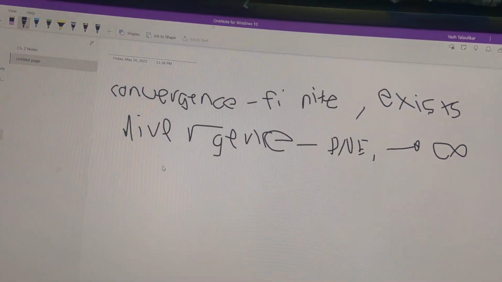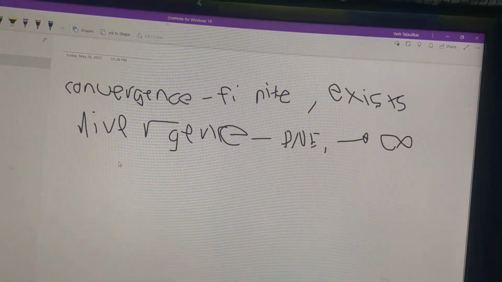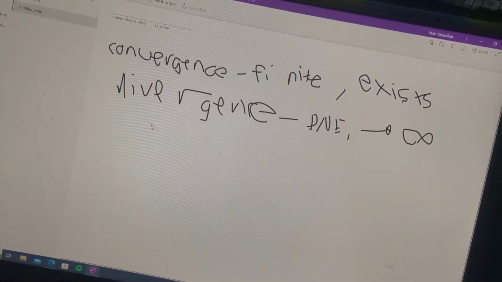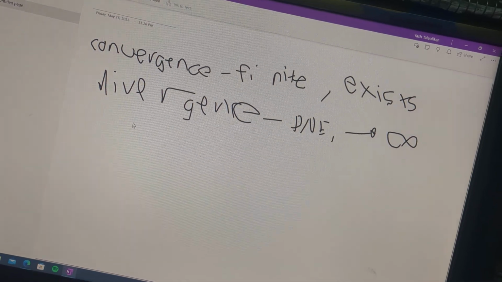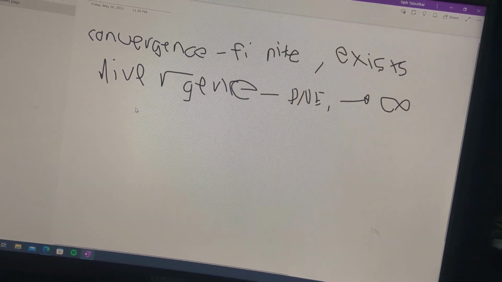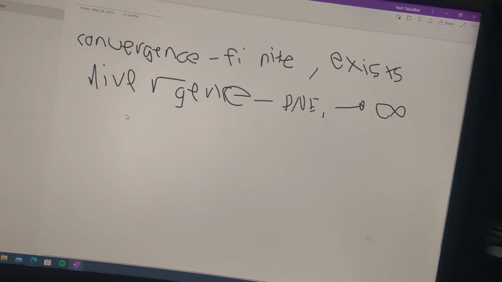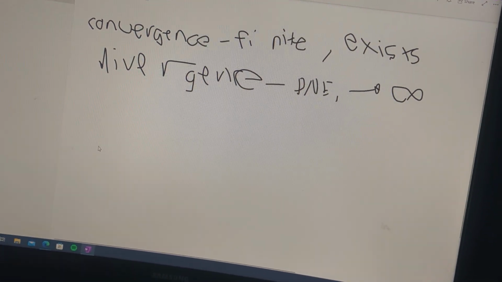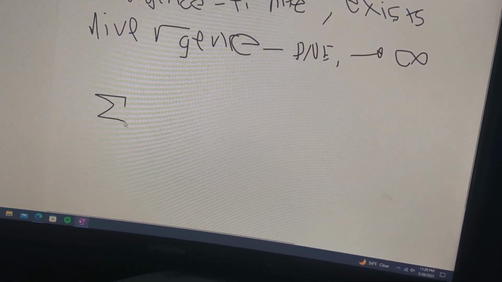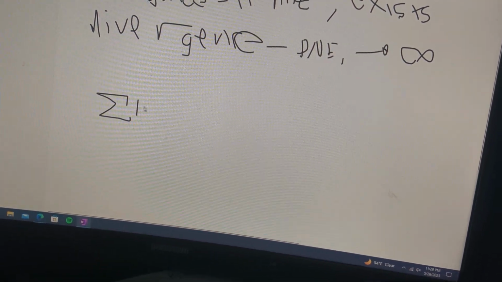So what we do with absolute and conditional convergence is find out whether a certain series is going to converge under all types of conditions or not, right? Basically, how we do that is use the absolute value of said series.